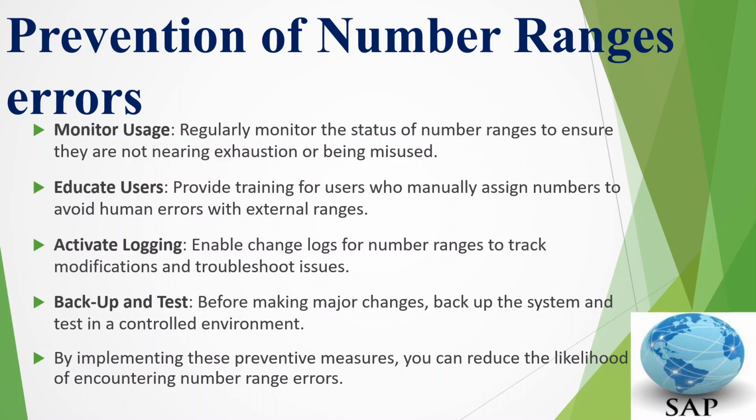Before making major changes, backup the system and test in a controlled environment rather than doing directly in the production environment. Do not do a test in the production environment. By implementing these preventive measures, you can reduce the likelihood of encountering numbering errors. So if you follow all these steps, you can avoid most of the numbering errors.